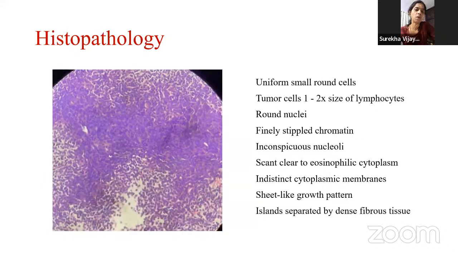We received only multiple small bits of tissue. After processing, this was the histopathological picture. This picture clearly shows uniform small round cells, to be more precise, small blue round cells arranged in sheets.